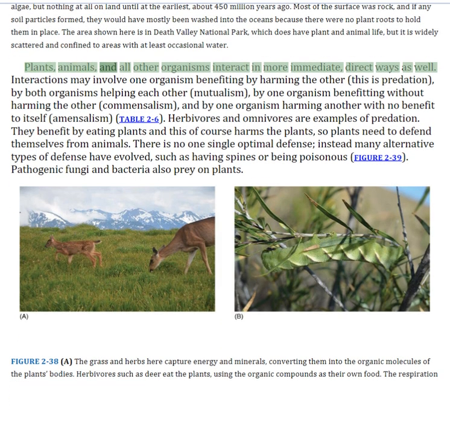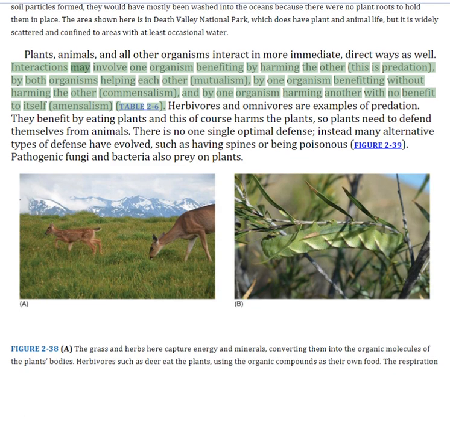Plants, animals, and all other organisms interact in more immediate, direct ways as well. Interactions may involve one organism benefiting by harming the other, both organisms helping each other, one organism benefiting without harming the other, or one organism harming another with no benefit to itself.